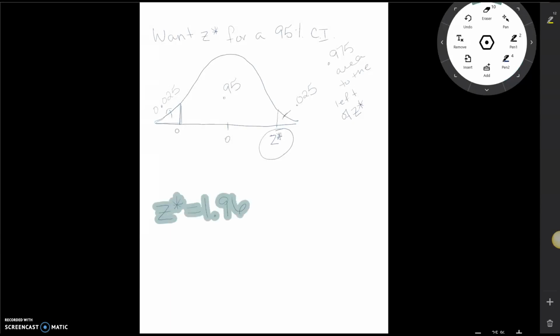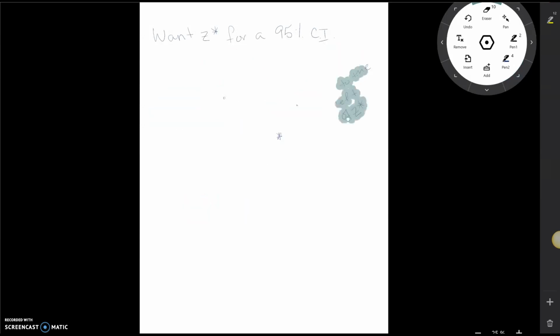So let me erase what I've got here. Now suppose that we want to find the z star for a 99% confidence interval.